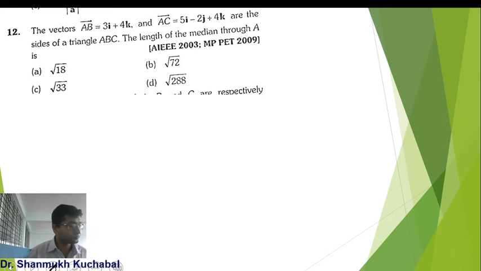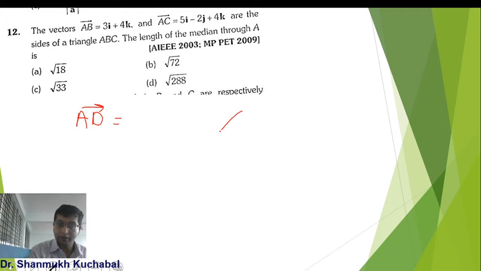Next example. The vectors AB is 3i plus 4k and AC is 5i minus 2j plus 4k, which are the sides of triangle ABC. The length of the median through A is given by the formula for median AD. We'll draw a diagram.